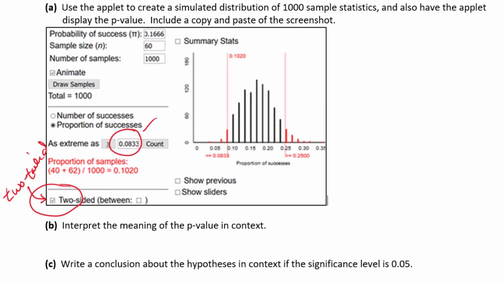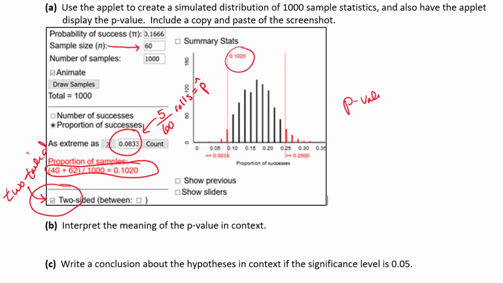This 0.0833 is because we had 5 out of 60 rolls was our p-hat. 60 is our sample size. We're getting 1,000 dots. All right, and so we see here that the p-value is given right here. It's also on this vertical line.